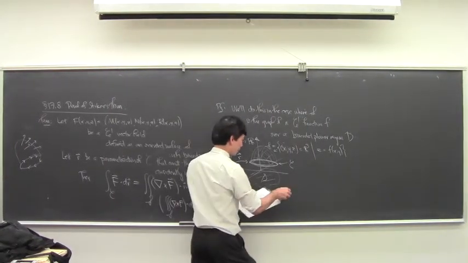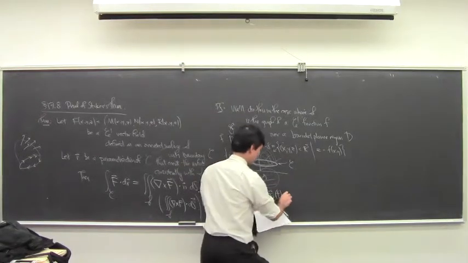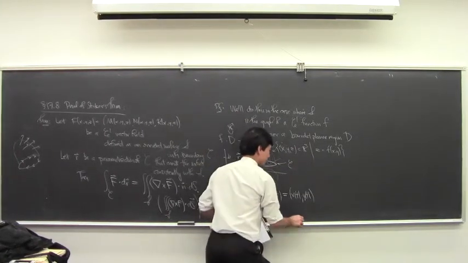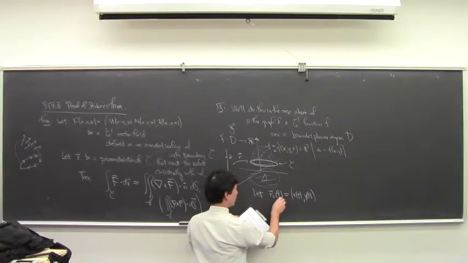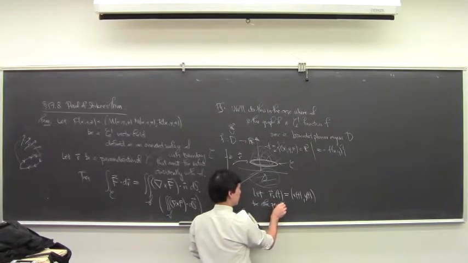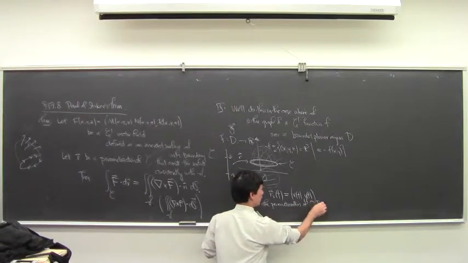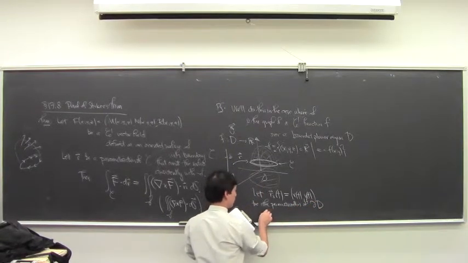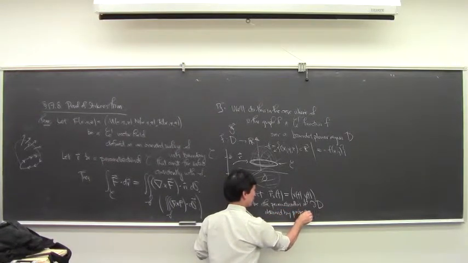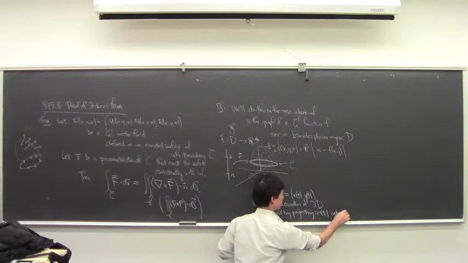And here, let r0(t) given by x, y be the parameterization of the boundary of D obtained by projecting r(t) onto the xy plane.